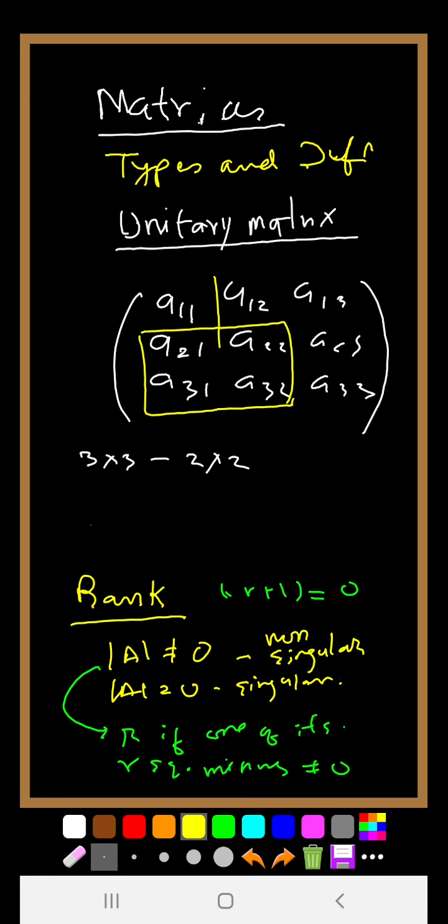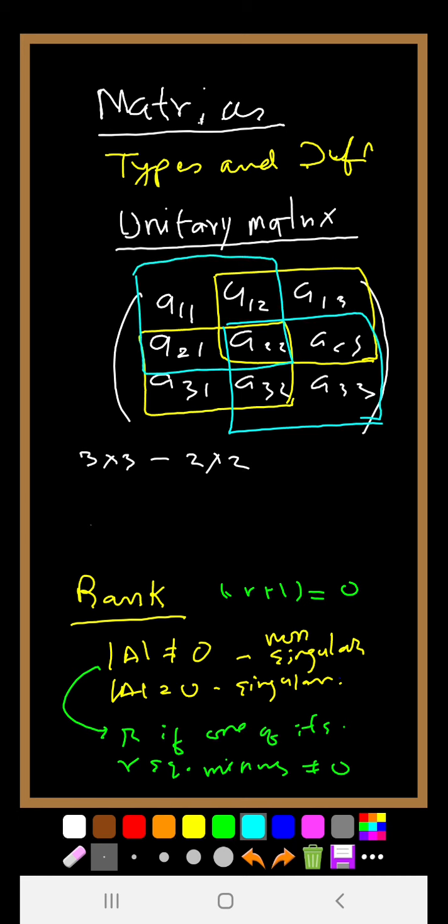We can take up this one as its minor, or this one, or this one, or any combination. So if the rank of this matrix is 2, it means that some 2 cross 2 minor will be non-zero and every 3 cross 3 matrix will be equal to 0.